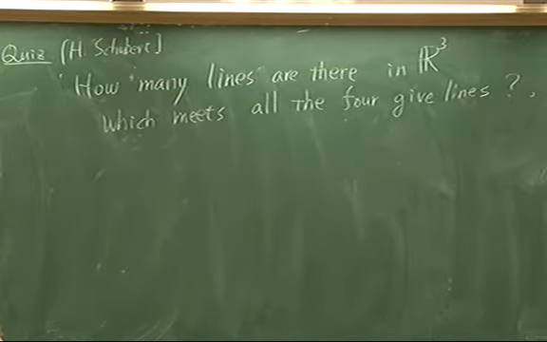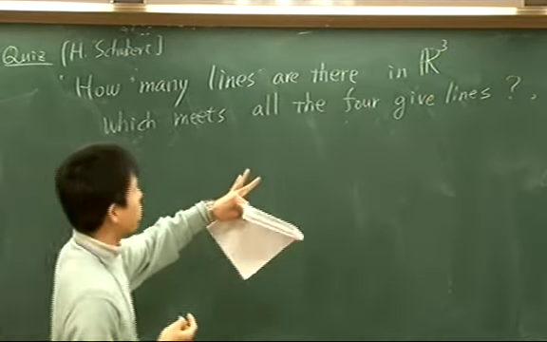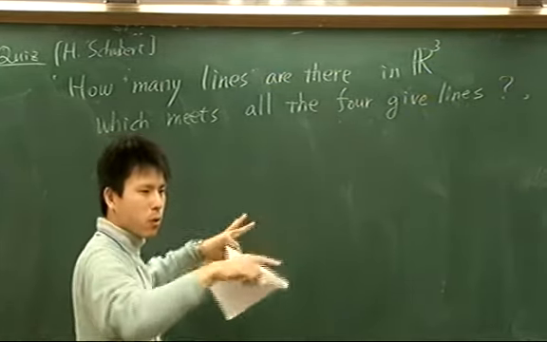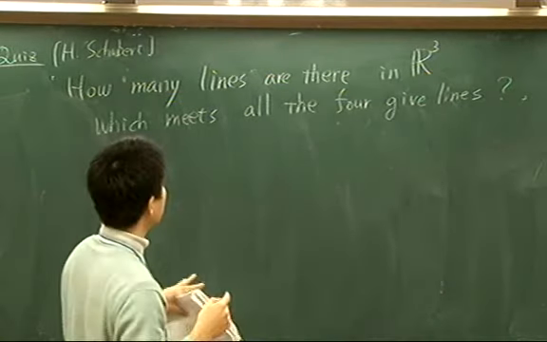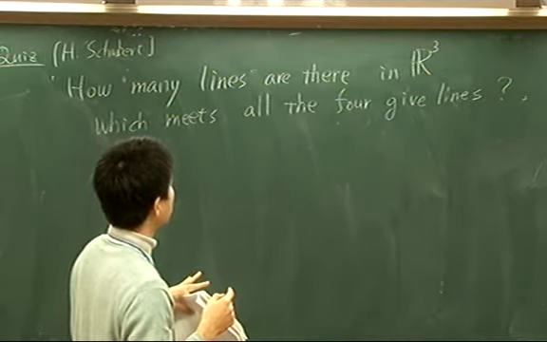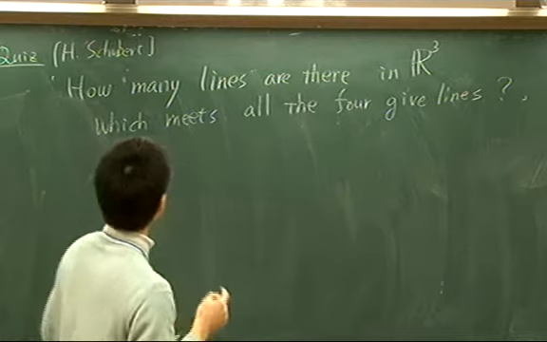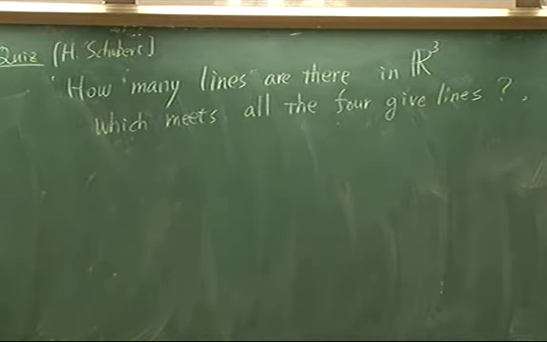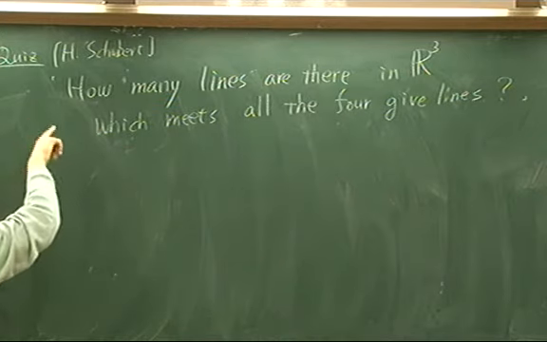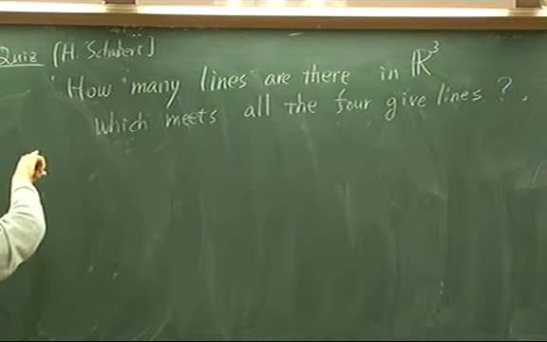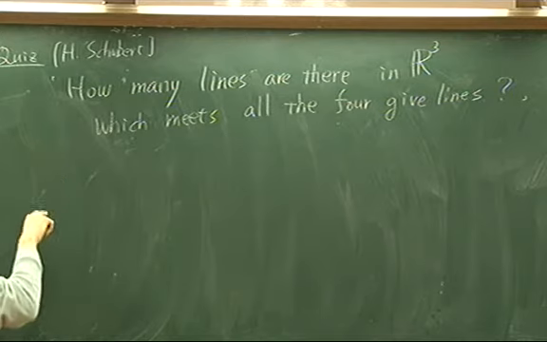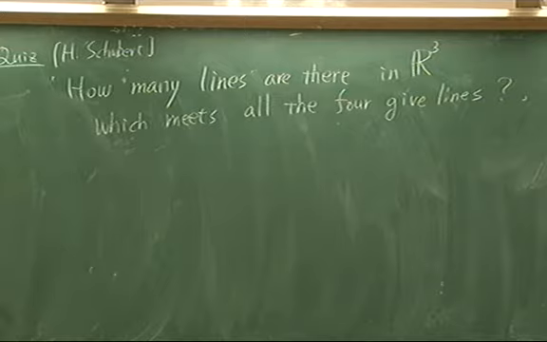When was it given? First we have four lines. No, when? Which year? When did he give this quiz? Schubert, when? More than 100 years ago. He was born just 20 years after the famous composer Franz Schubert died.